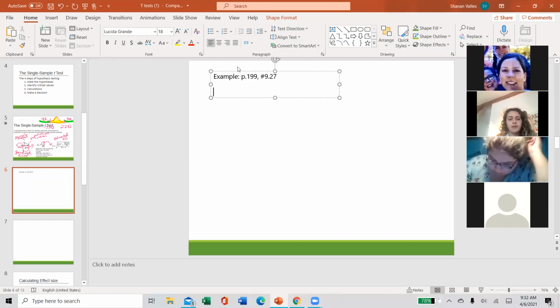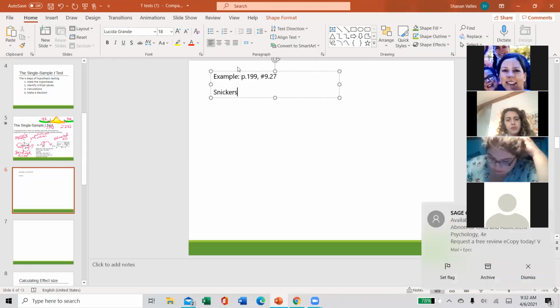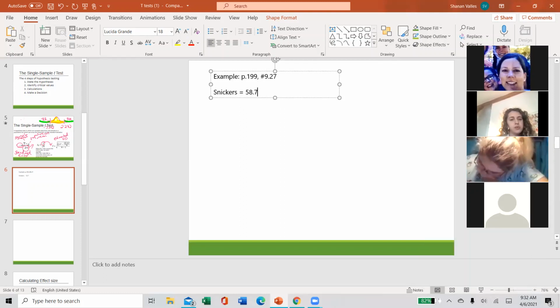Here it says that the Snickers bar claims to weigh 58.7 grams. So the claim is that the Snickers will weigh 58.7 grams.